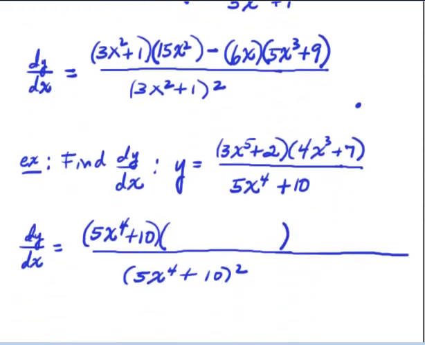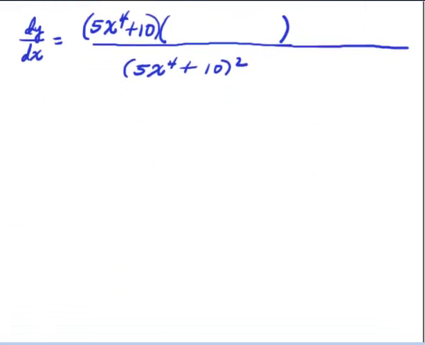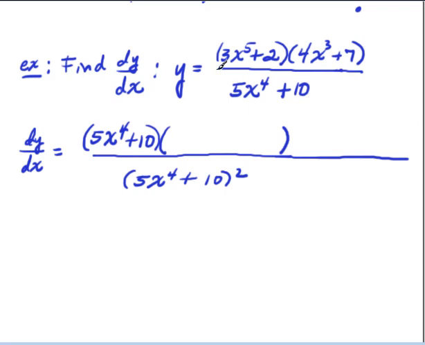Okay, so let's remember that. And we'll go ahead and fill in over here. So here we have the first, 3x to the 5th plus 2, times the derivative of the second, that's times 12x squared.